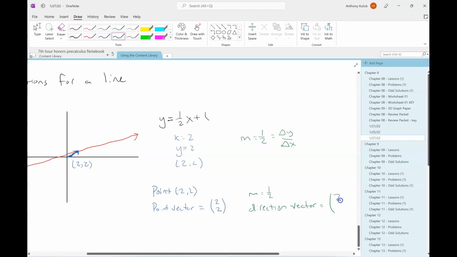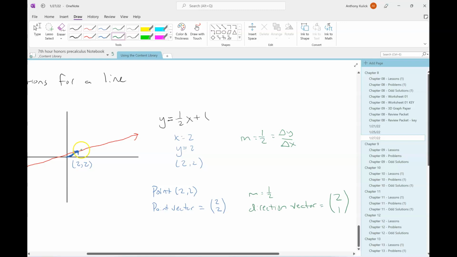So that should be the first component in my direction vector. And which part of the slope of 1/2 is the y part? The 1. Everybody's okay there?